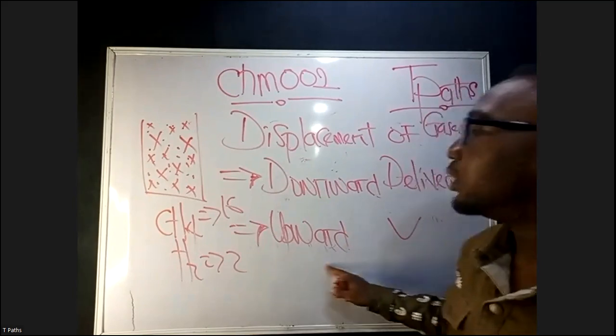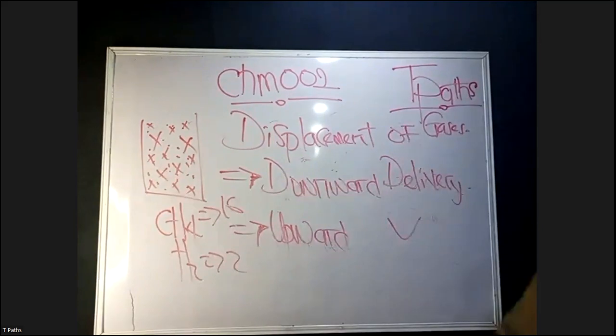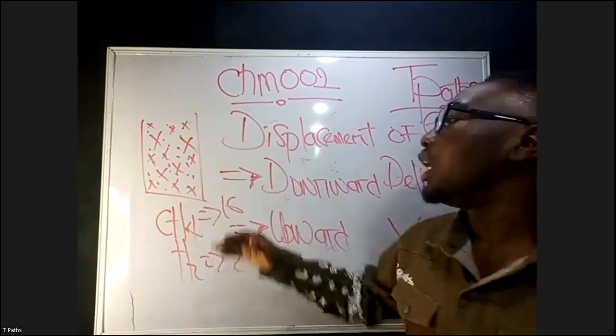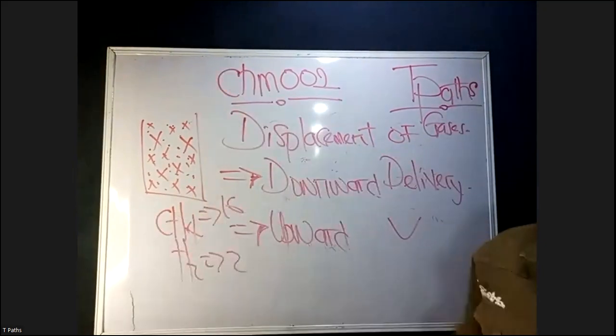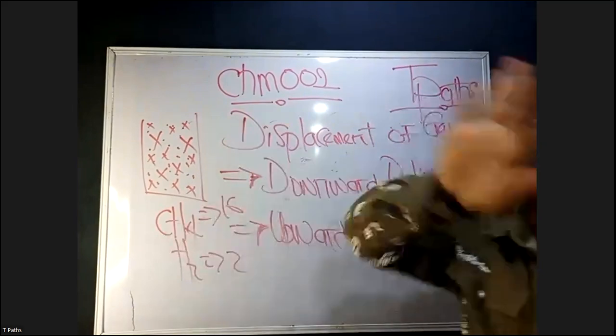What do I mean by upward delivery? CH4 is denser than hydrogen gas, with a higher molecular weight, so it will settle down in the gas chamber. If it settles down, you can easily remove hydrogen gas.